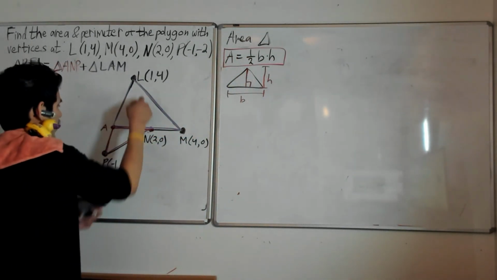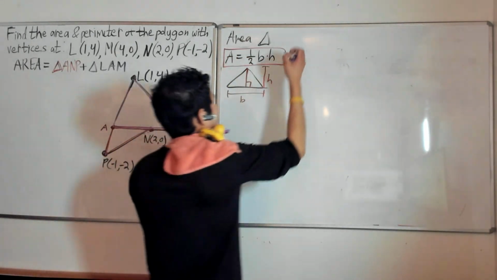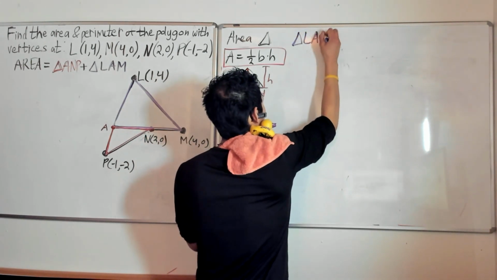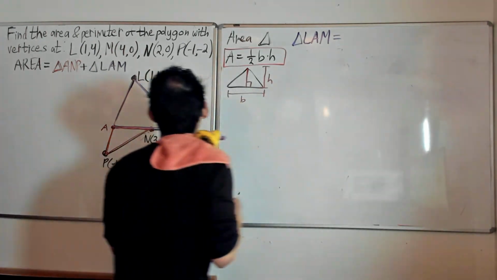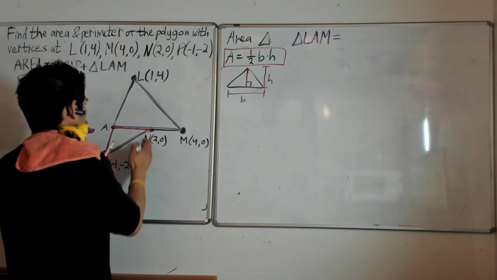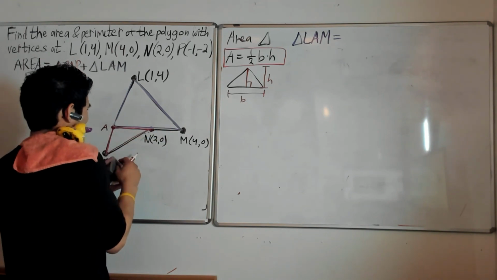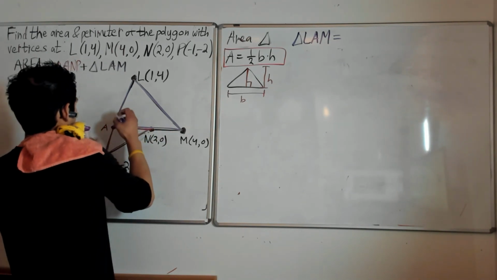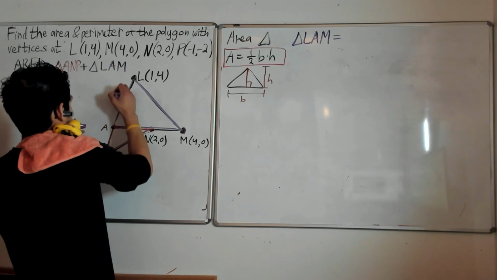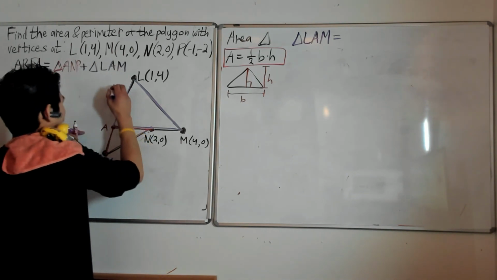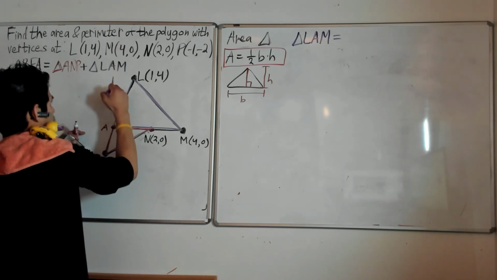So if we want to find the area of lamb, the base here will be AM. Let's have that be our base.